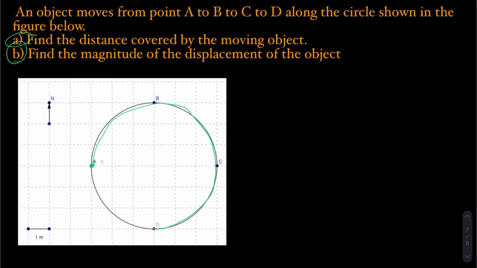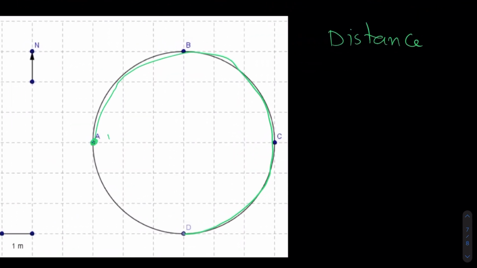So in order to find the distance, if it is a complete circle, we say the circumference will be equal to 2 pi r. But it's not a complete circle. Therefore, I need to divide it into 4 parts, and I will see one of these 4 parts is not included in the path that the object traveled.